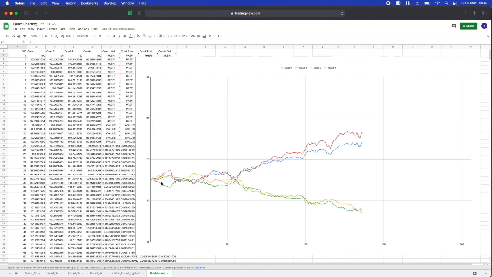But the one thing I wanted to show was that through the start of September, quad 2 actually did really well, and then when it sold off, quad 4 caught a bid, which you would expect because the longs for quad 4 will have done well.